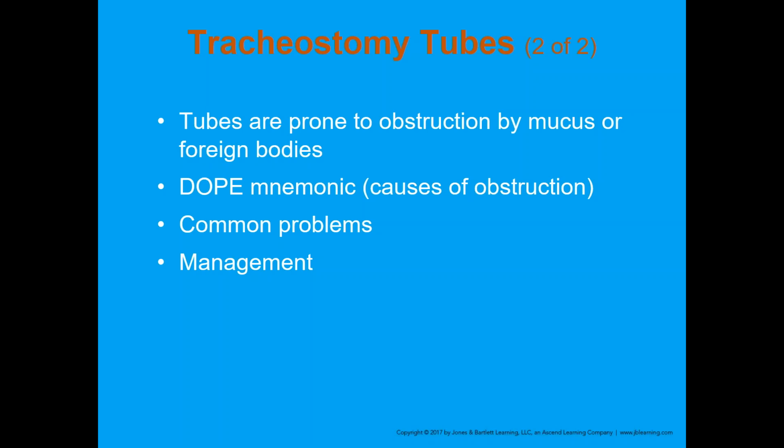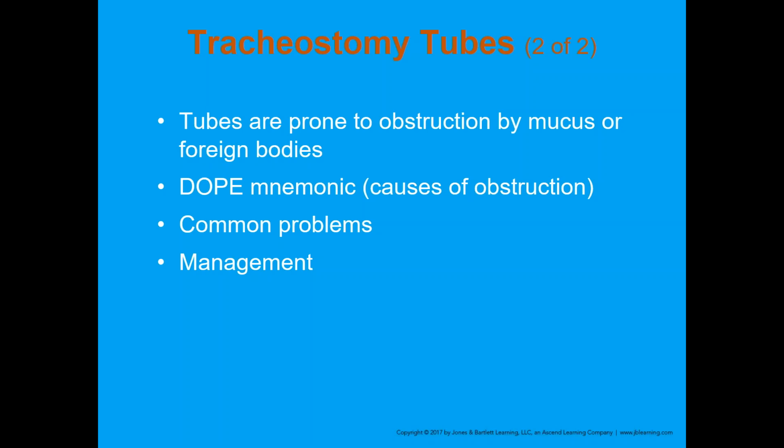So displacement, whether or not that trach tube has been pushed up or pushed down, and now it's not actually in correctly. The obstruction, did it get plugged up by mucus? Is there a piece of food particle? Did they shove something in there? Pneumo, did they pop a lung?